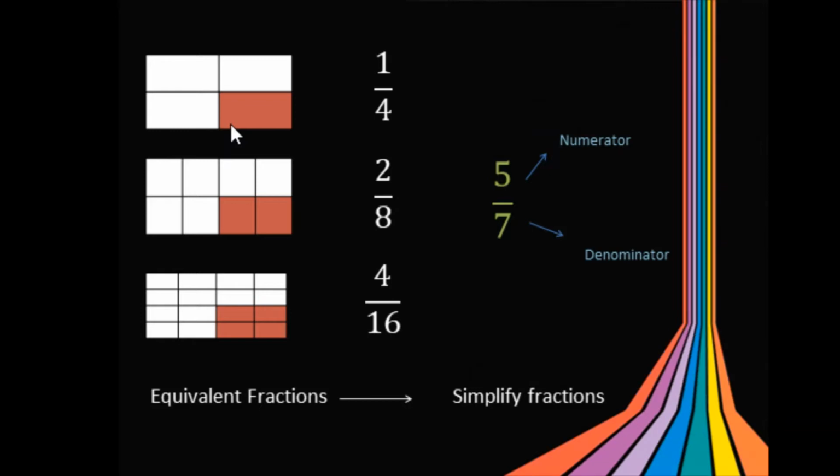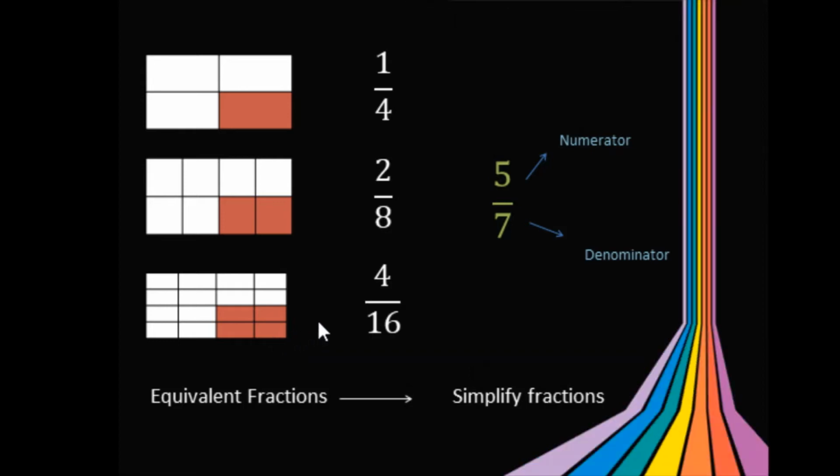So the first picture, its fraction form is 1/4. The second form is 2/8. And the last one is 4/16. 1 because only 1 is shaded, 2 is shaded, and 4 is shaded.